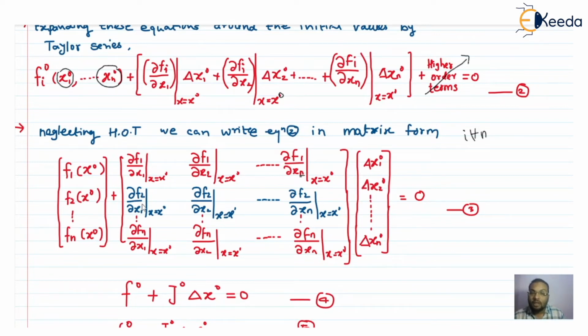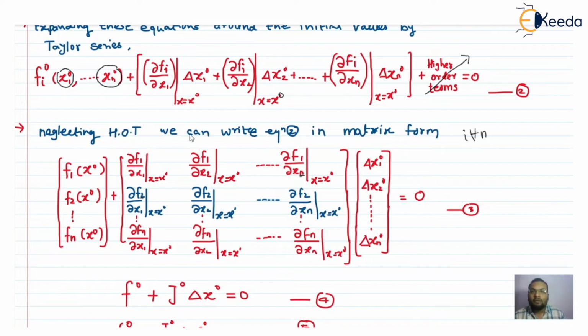Next, differentiation of the second function with respect to x1, differentiation of the second function with respect to x2, and this way you continue. We are simply writing this equation in matrix form. You go up to the nth function, taking its partial differentiation with respect to x1, x2, and so on.